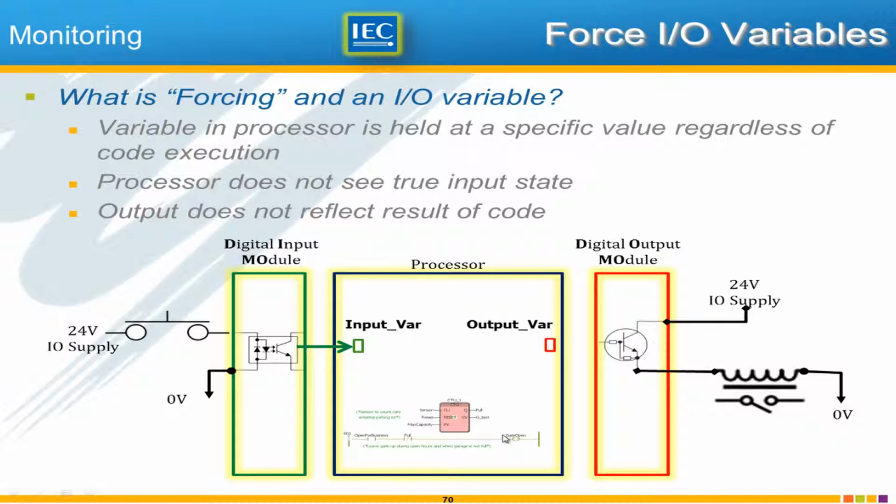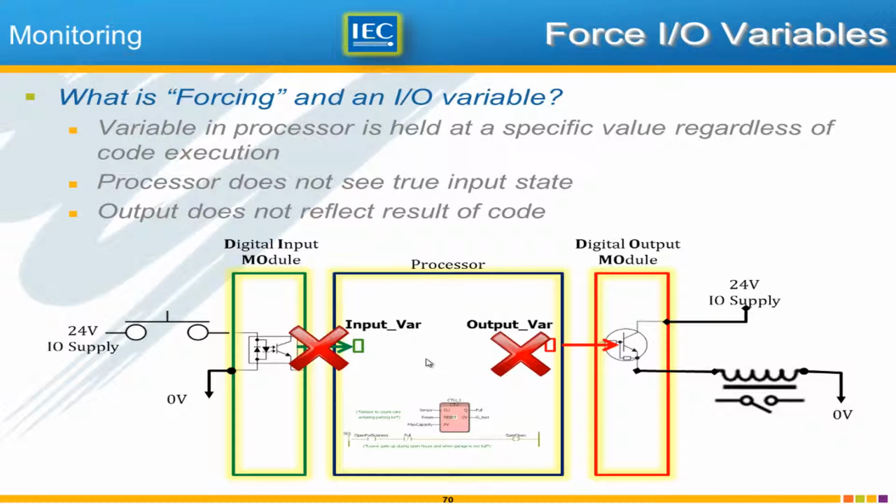While the code here may set an output on, like we were doing, I forced it to be off, and that force makes its way to the output. So you can think of this as a block at the input module, and for the output module, we're really blocking the code's effect on that output variable. We're forcing the variables in both cases.